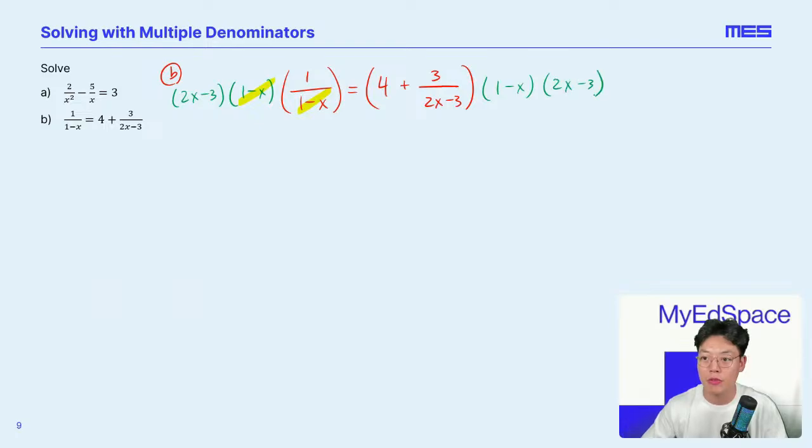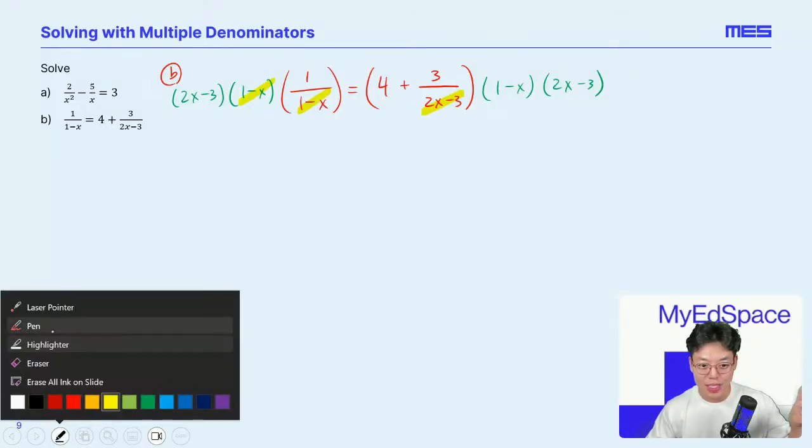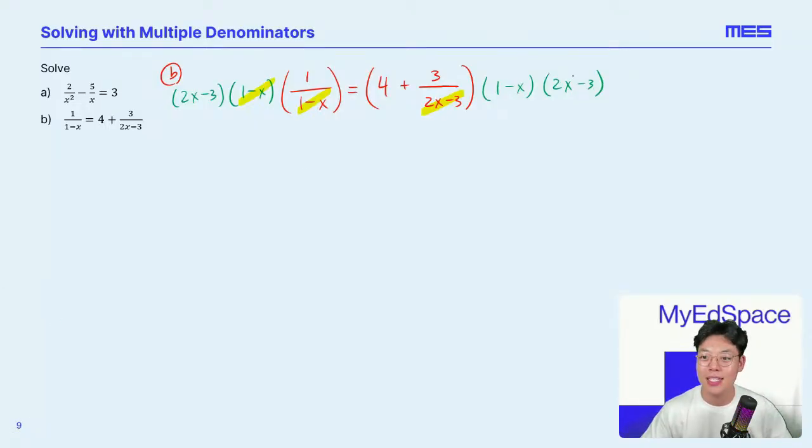And those will cancel out on the right side of the equation. But we have to be careful not to cancel it out right away because we still have to distribute this 2x minus 3 to this 4. So be careful here. Be very careful.